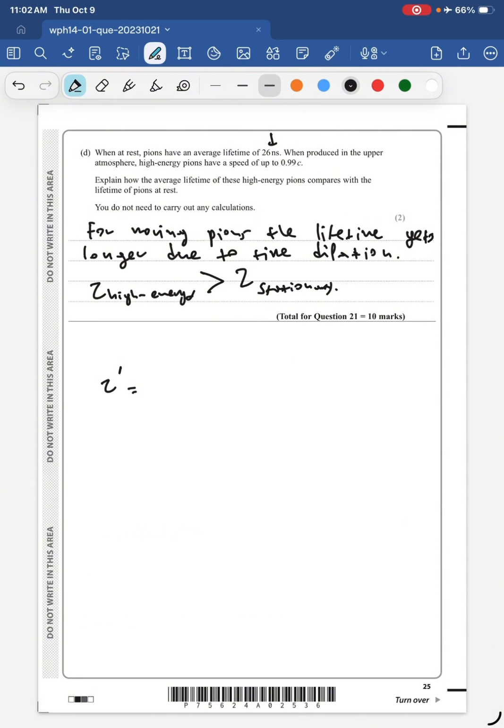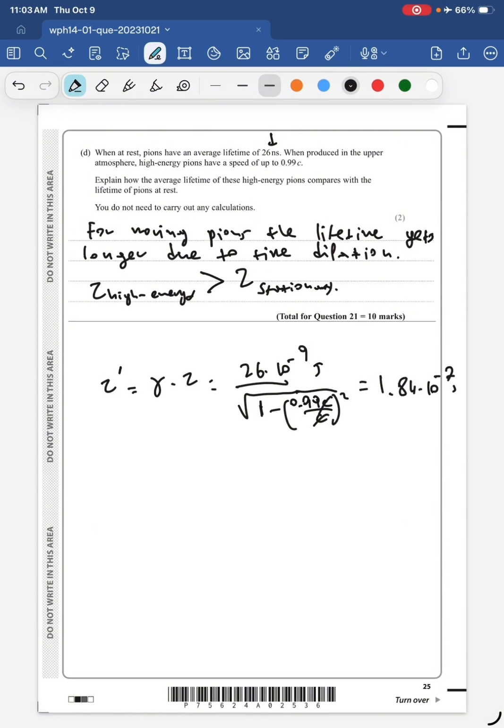The lifetime for the moving pions is equal to gamma times tau, and tau is simply 26 times 10 to the negative 9 seconds, and gamma is this factor 1 over the square root of 1 minus (0.99c over c) squared. This is from Einstein, so the lifetime of the moving pions would be 1.84 times 10 to the negative 7 seconds. Okay, so this is a bonus.